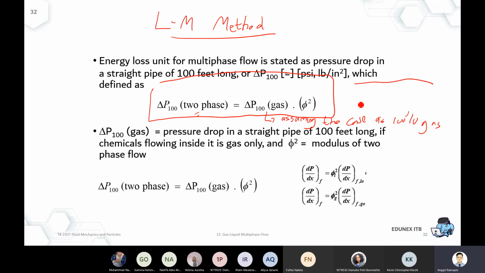If you have a pipeline with a fixed diameter and a fixed length, so just as a number, let's say the length is 100 feet, to be consistent. Regardless of the diameter, let's say the diameter is 10 inch, for example.